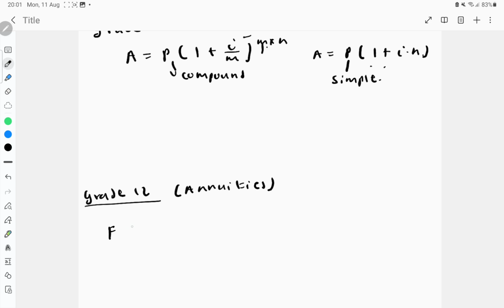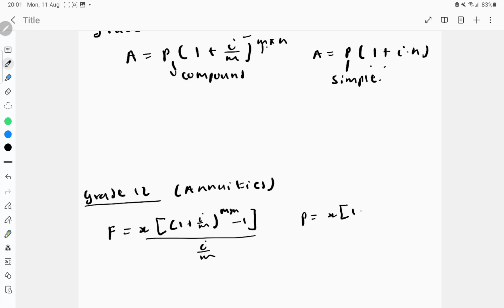So we have the annuities, which is the future value, which would be x times 1 plus i over m to the power of m times n, minus 1, over i over m, and the present value, which would be x times 1 minus 1 plus i over m to the power of negative n times m, over i over m.